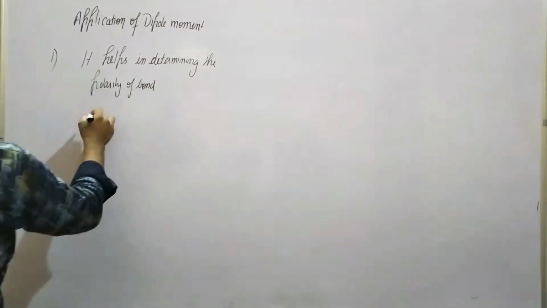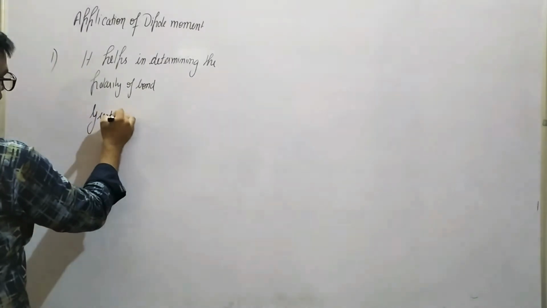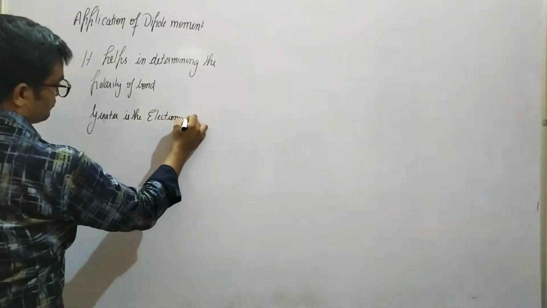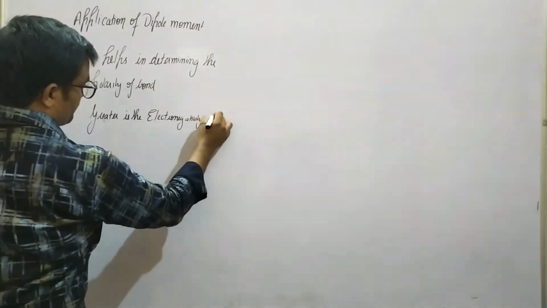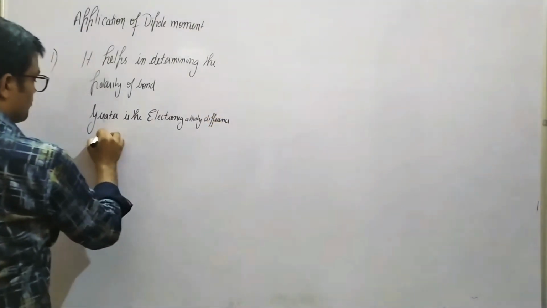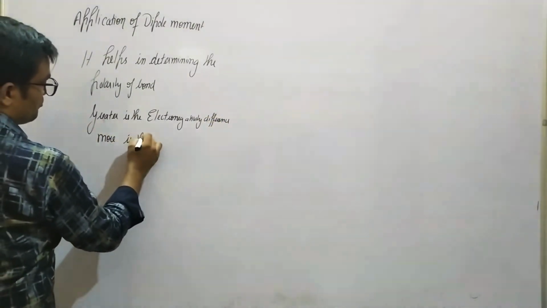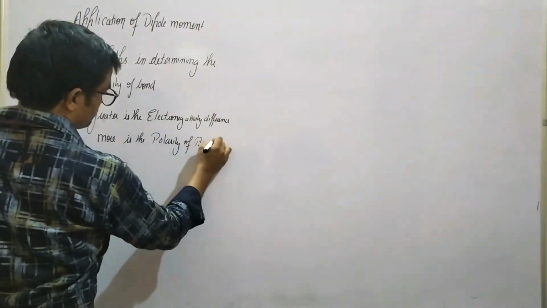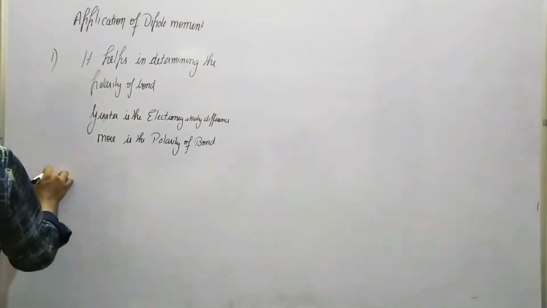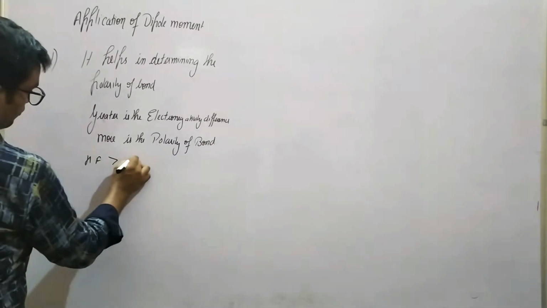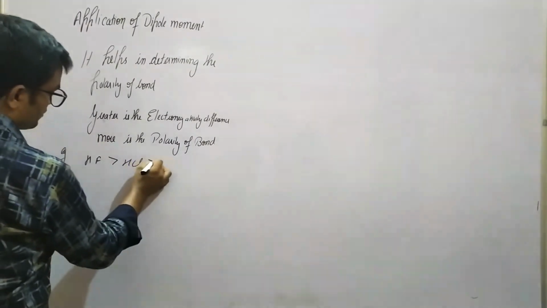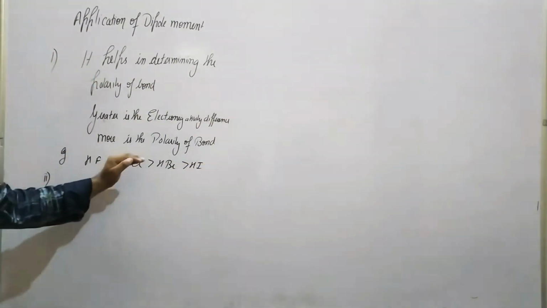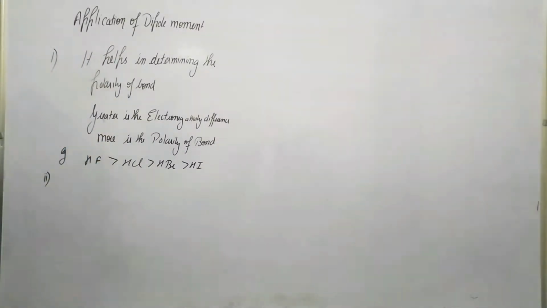We know the greater the electronegativity difference, the more polar the bond is, the more is the polarity of the bond. Next, we have discussed that HF has more dipole moment. You can see this example we discussed earlier, because fluorine has more electronegativity than chlorine, then bromine, and then iodine.